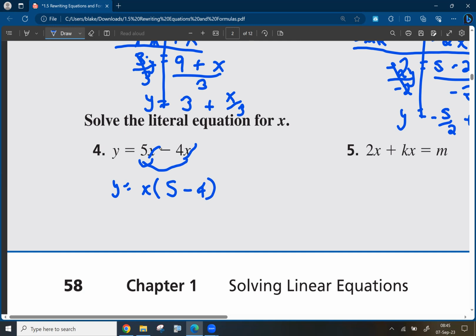Now, in fact, I can actually go ahead and simplify that. I didn't see that the first time, but I can go ahead and simplify that. So 5 minus 4 is 1. So this is y equals x times 1. And, well, really, if you divide by 1, you don't really change a whole lot. So ultimately, you end up just with y equals x.